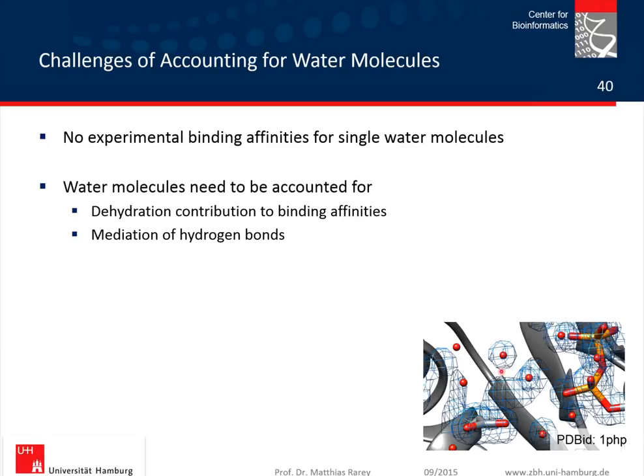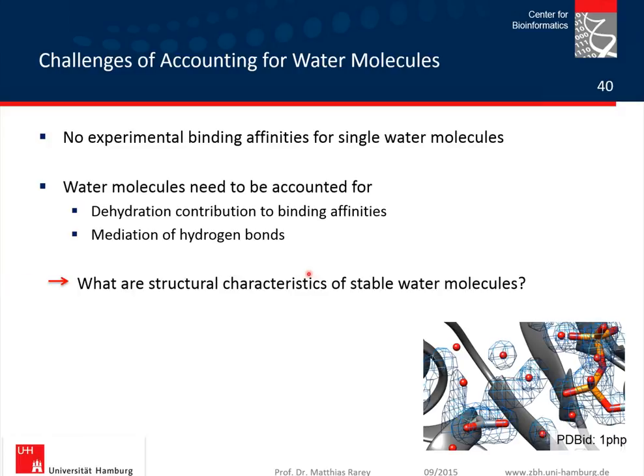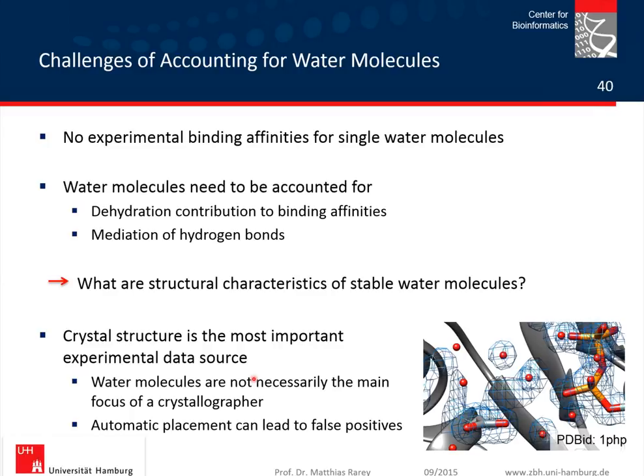So we wanted to automatically check whether water molecules are of one of these kinds. That's the goal. Based on this, we can start to analyze the water molecules and think about what the structural characteristics are of these stable water molecules, which are really there in the crystal structure.